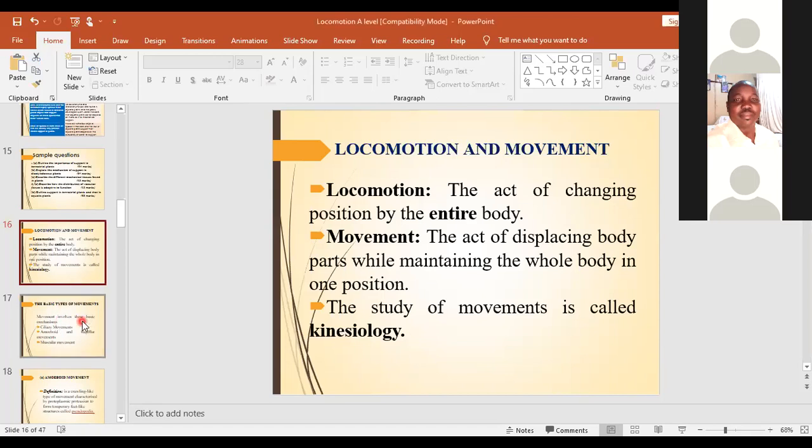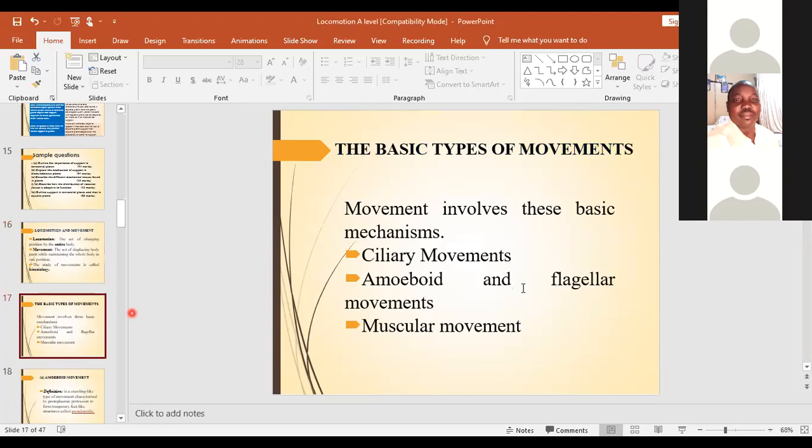Now, we are going to look at movements. Then we talk about locomotion after that.